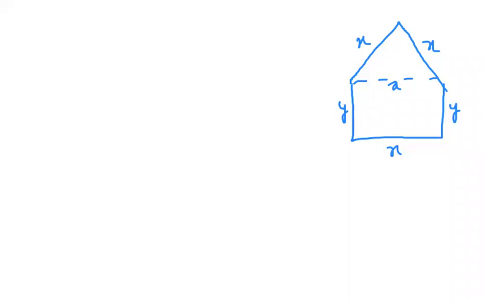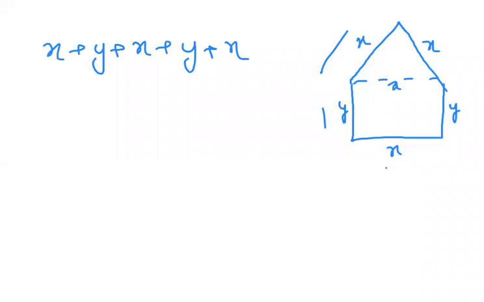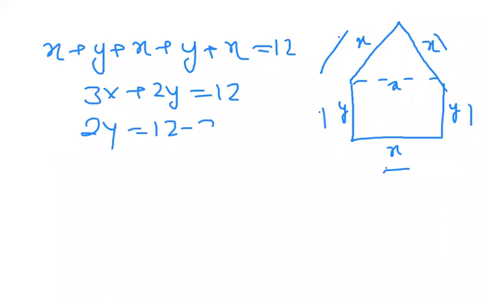If its perimeter is 12 meters, perimeter means sum of outer sides, so x plus, from here I'm starting, y plus x plus y plus x means 5 sides, 1, 2, 3, 4, 5 is equals to 12. 3x plus 2y equals to 12. 2y equals to 12 minus 3x. Y is equals to 12 minus 3x upon 2.